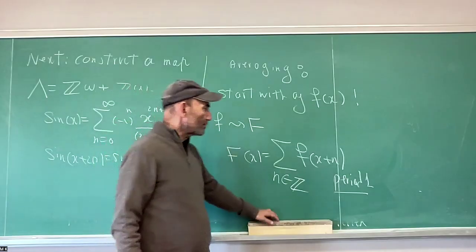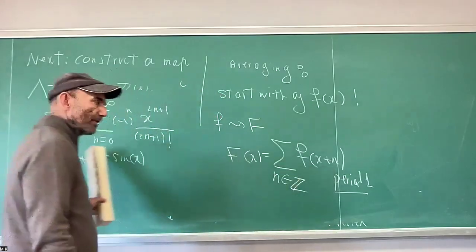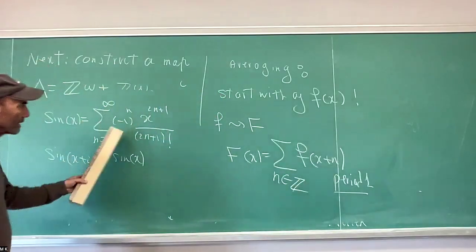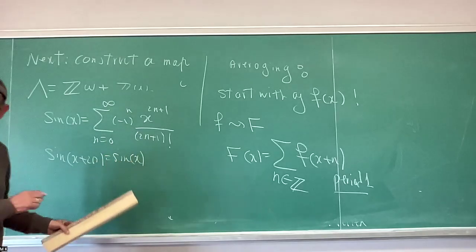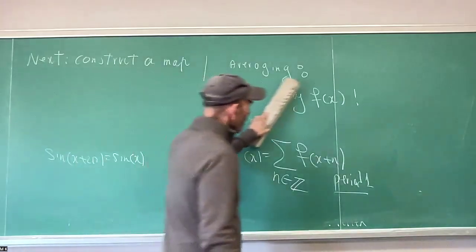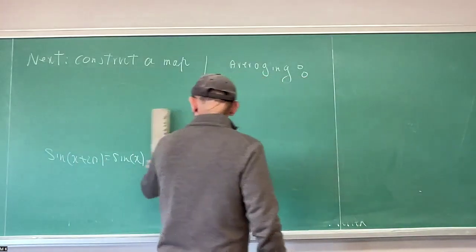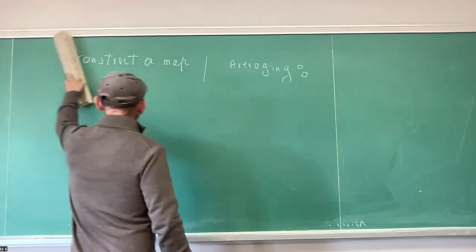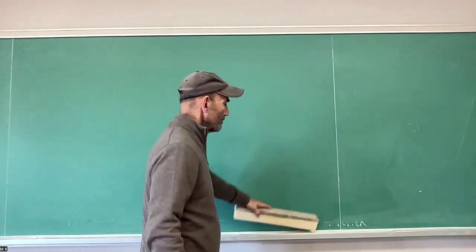Okay, so now we are going to use this idea not in the case of the line, but in the case of a lattice. So that's what we're going to do now. And this is what Weierstrass did with the Weierstrass P-function.